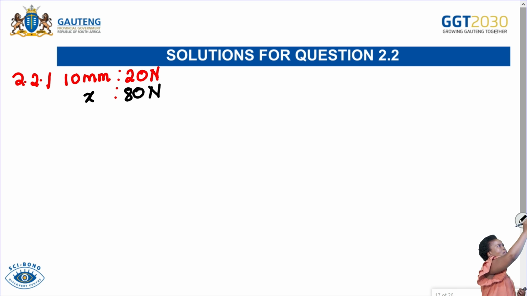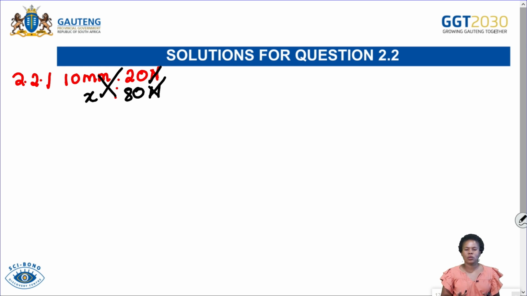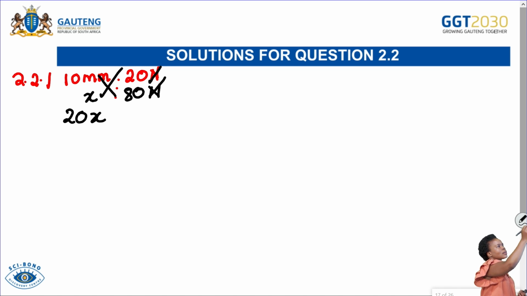Cancel out the newtons on either side, and then you put a cross so that you remember that you're doing a cross multiplication. x times 20 is going to give you 20x, which equals 10 times 80, which is going to give you 800.